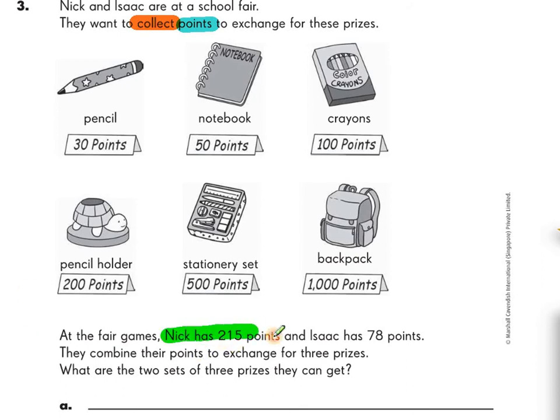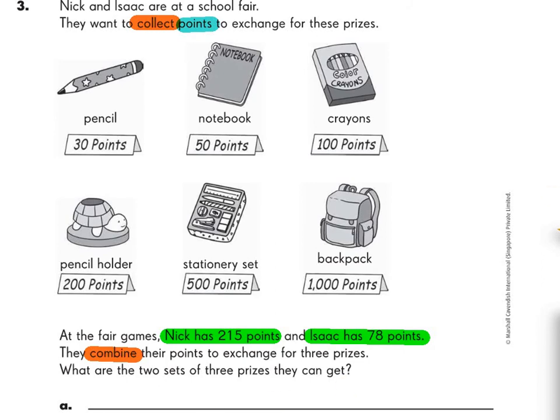Nick has 215 points. Isaac has 78 points. They want to combine their points, that means add, and then they want to exchange for 3 prizes. What are the 2 sets of 3 prizes they can get? So I guess there's 2 different correct answers here.